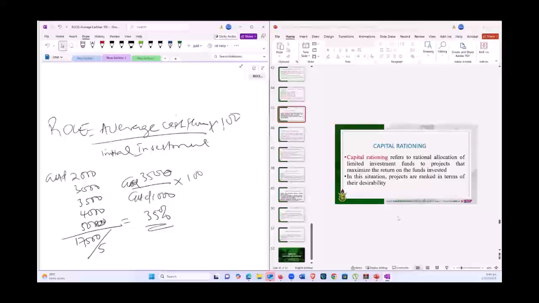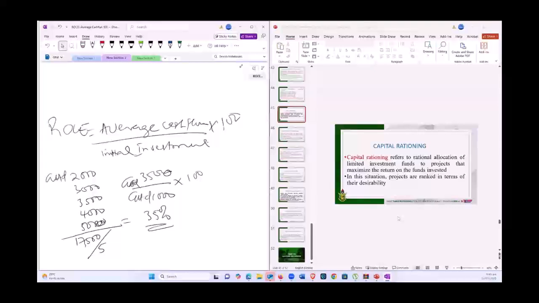Though in practice firms are supposed to have capital, a firm may decide to make do with the little capital that it has, that is, not raise additional capital from any source. It wants to use the limited resources that it has due to some factors, some internal, some external.